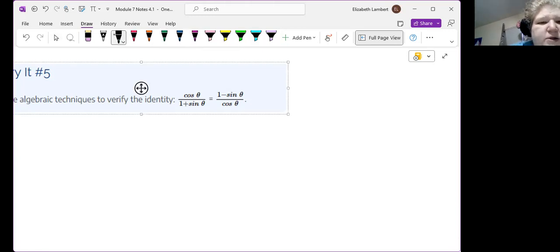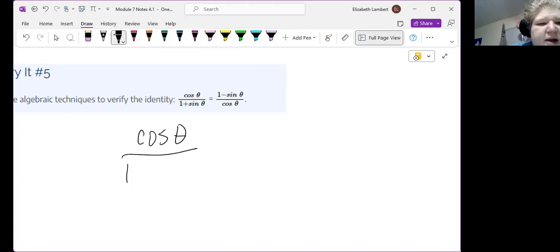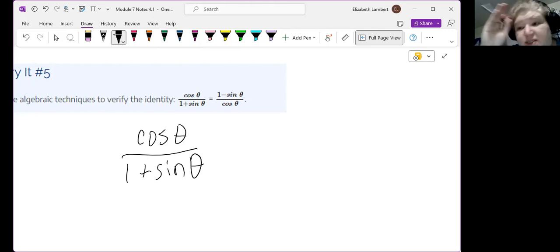All right, so we are starting with cosine of theta divided by 1 plus sine of theta. Now, if we cross multiplied, I'd be multiplying this 1 plus sine theta times 1 minus sine theta. And hopefully, since we've been doing that factoring, that should ring a bell: oh, that'll multiply nicely. So I can't cross multiply, but I can take that choice I wanted, and I'm going to multiply the top and bottom by it.